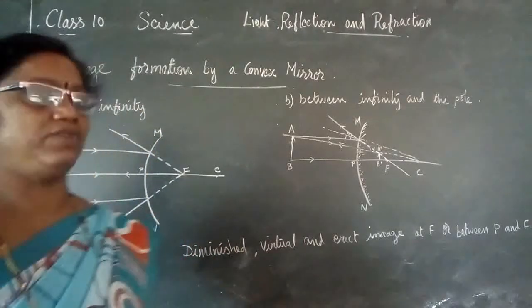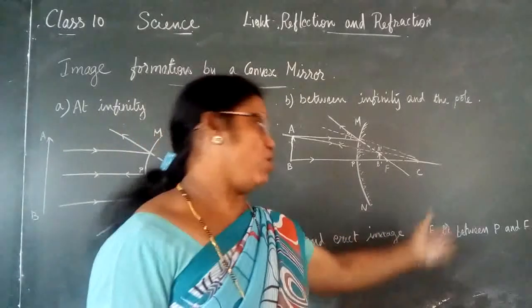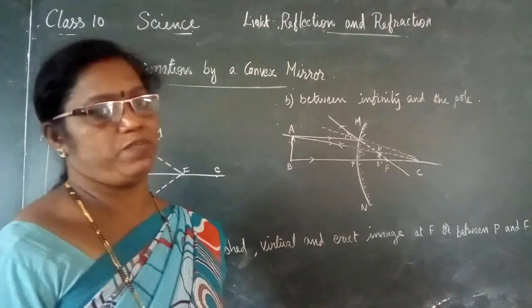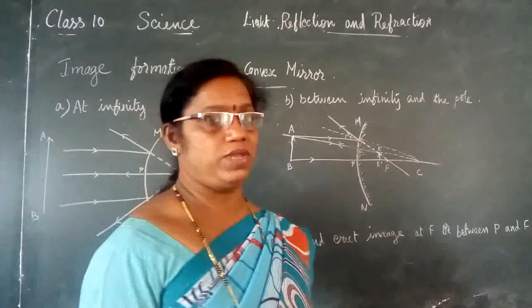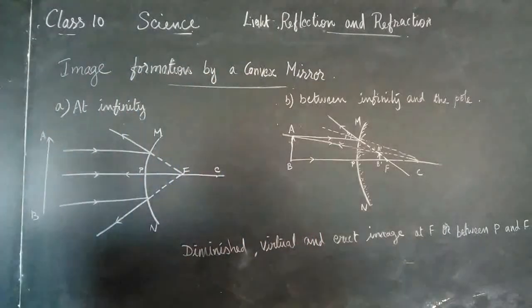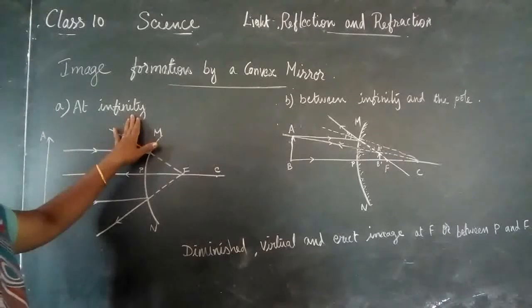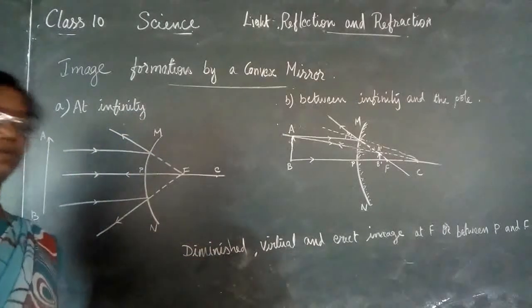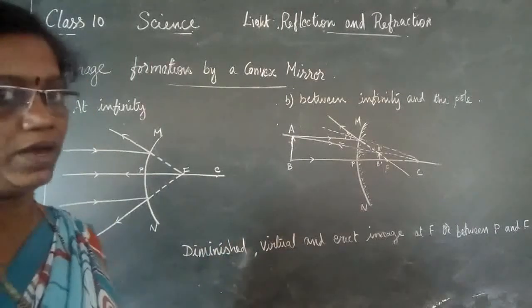The position may be either at the focus or between the pole and the focus of the mirror. Here in case 1, let us consider, since we get the same type of image whatever be the position of the object, the two extreme positions.